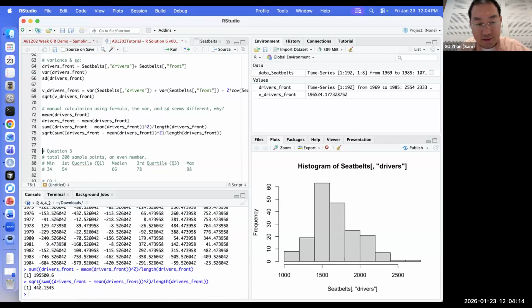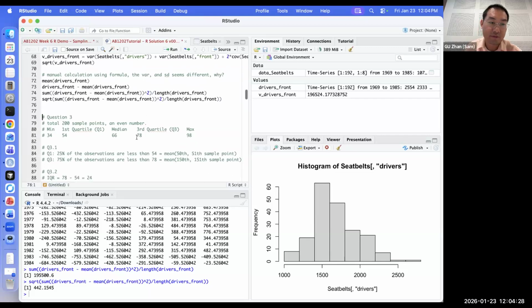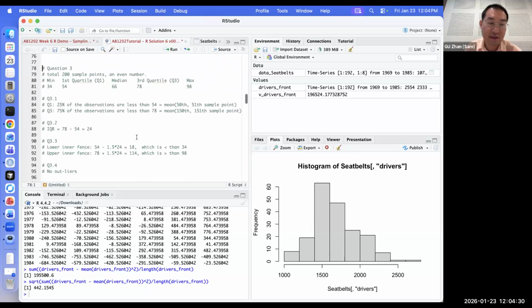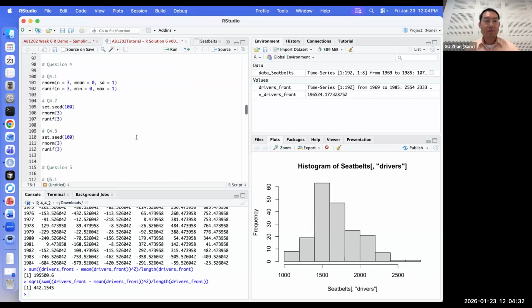Then your standard deviation of the population is also smaller. So if you treat it as sample variance, the variance and the standard deviation will be larger than the population variance and standard deviation.